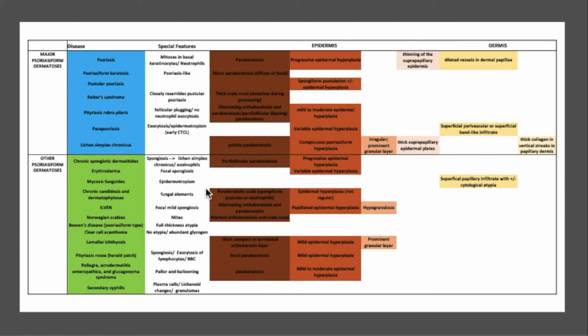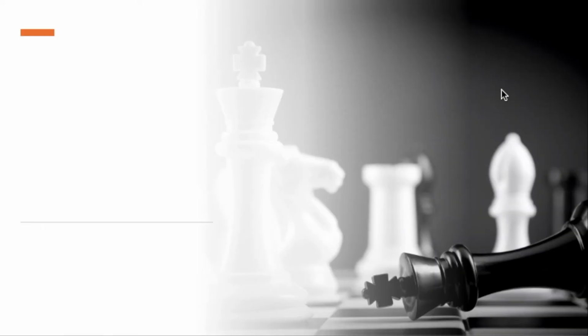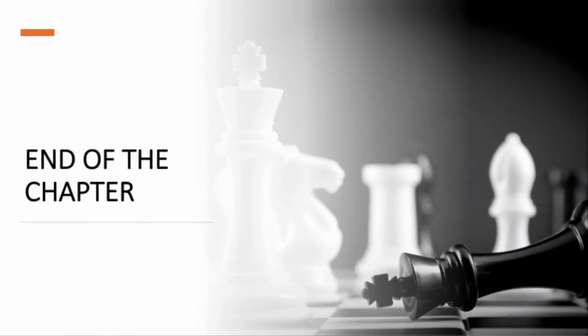I included the special features, the unique features to each disease, and then I divided the different features based on the epidermis and the dermis. This concludes the chapter, and I will leave you now with some examples under the microscope. Thank you.